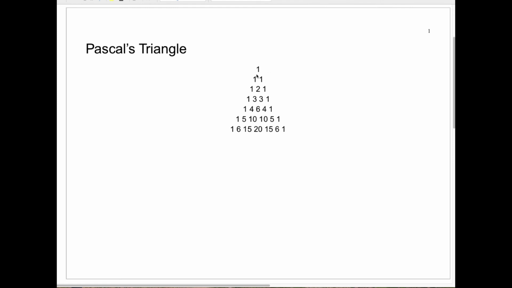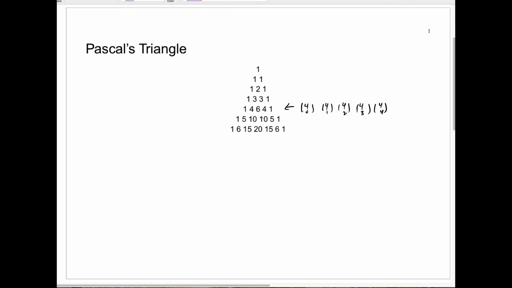All of you are very familiar with Pascal's triangle, starting 1, 1, 1, 1, 2, 1, 1, 3, 3, 1, etc. These contain the combination numbers, as all of you remember. So for example, in row 4, we're starting with row 0 here, we have 4 choose 0, 4 choose 1, 4 choose 2, 4 choose 3, and 4 choose 4.